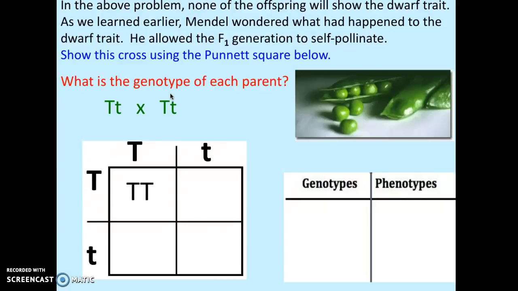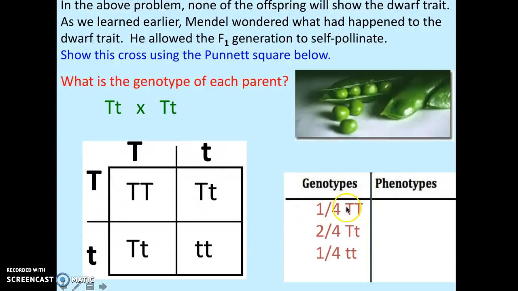All right. So in our first box, we have homozygous dominant. Second, we have heterozygous. The third, we have heterozygous. And the fourth, we have homozygous recessive. This is the problem that we did in class with our 16 bubbles. So our genotypes, 1/4 homozygous dominant, 1/2 or 2/4 heterozygous, and 1/4 homozygous recessive.